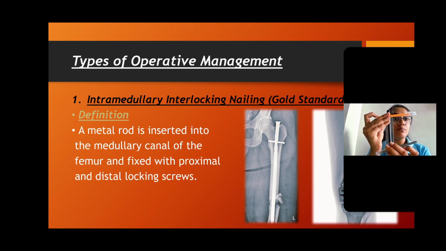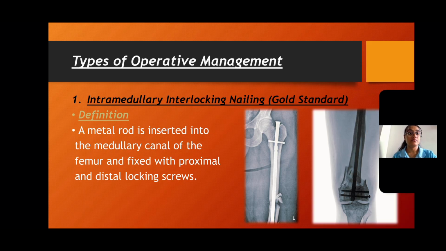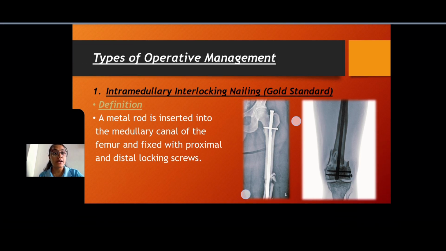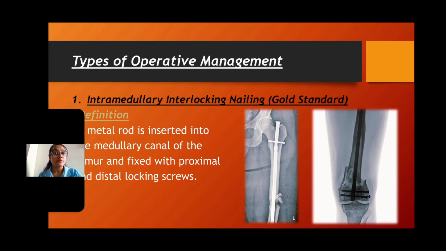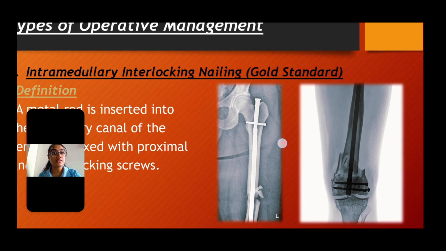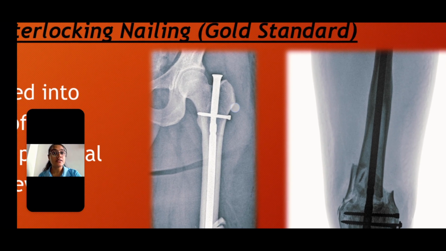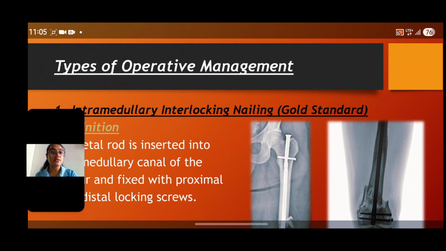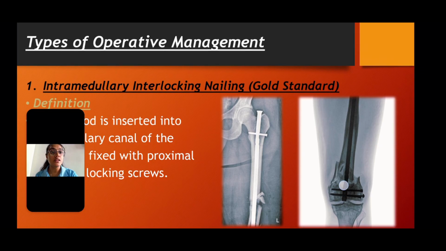These screws help to fix the rod in the femur shaft. In these images, you see the shaft is present and the metal rod is inserted. Here is the proximal screw and here is the distal screw.